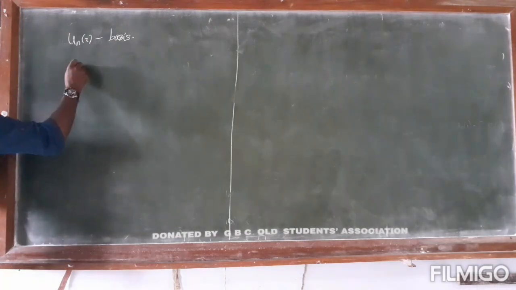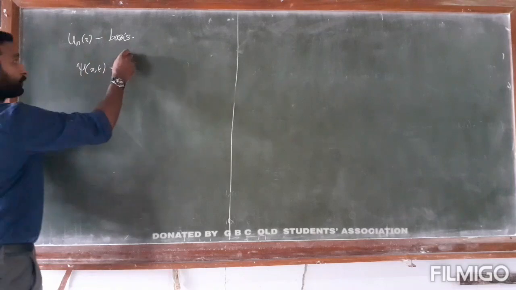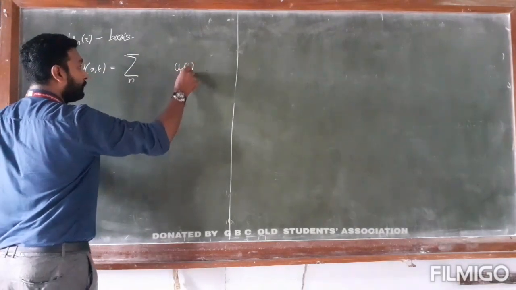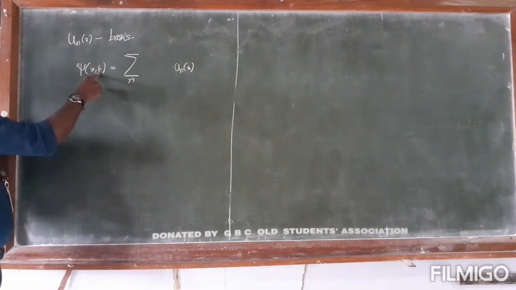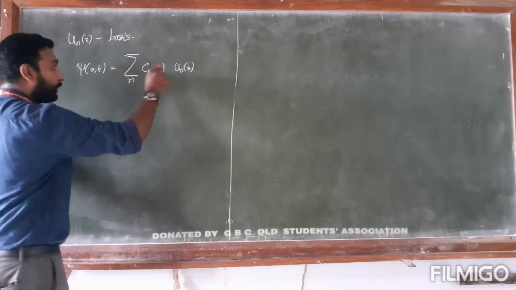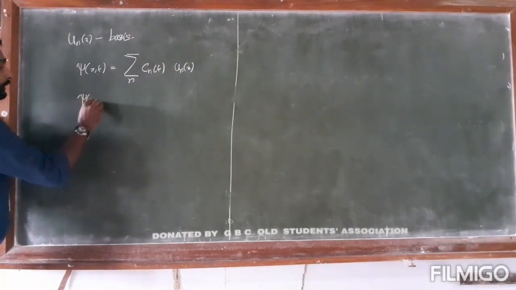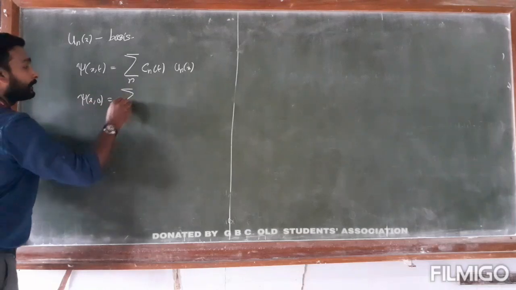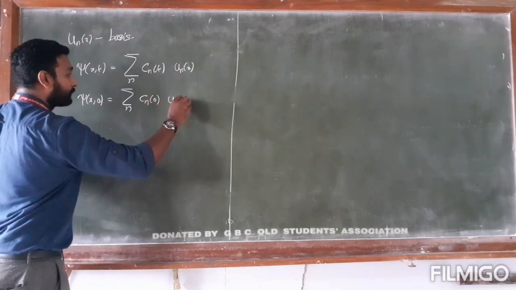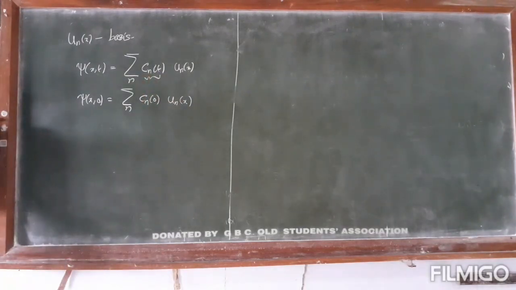I can expand my ψ(x,t) as the sum over n of Cn(t) un(x). The time evolution I am giving to the expansion coefficient Cn(t). Therefore the wave function at time 0 you can write as the sum over n of Cn(0) un(x).